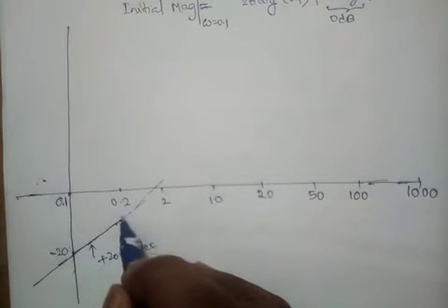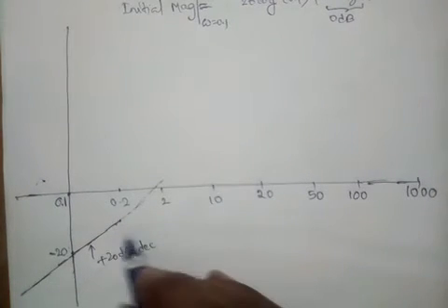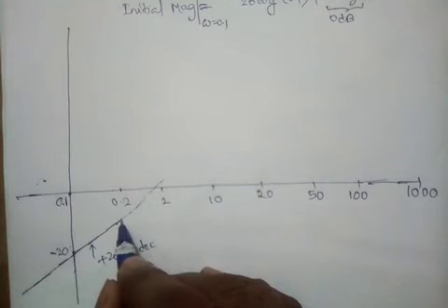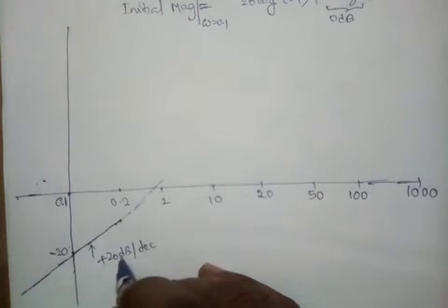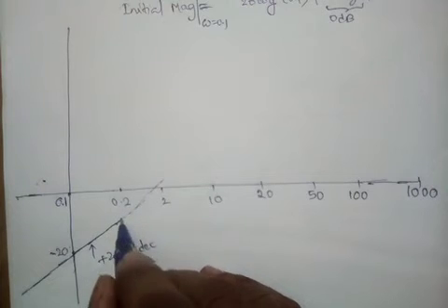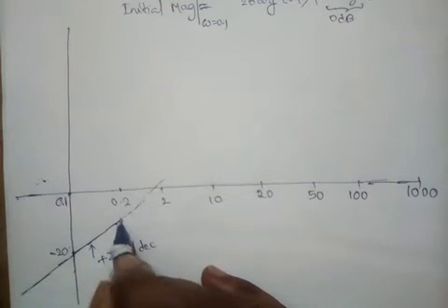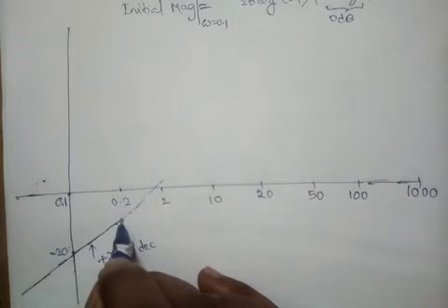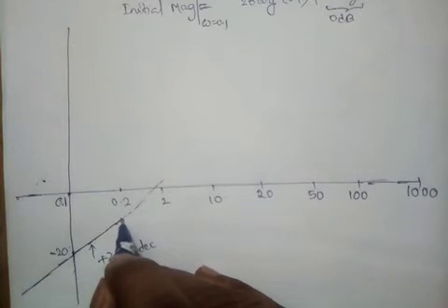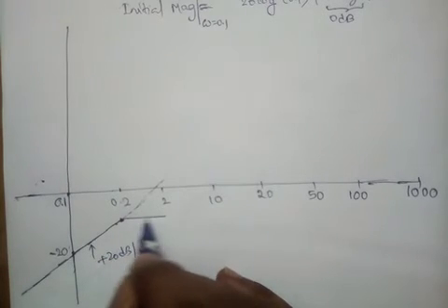Before 0.2 corner frequency, the slope is plus 20 throughout. When it reaches the first corner frequency, the initial slope plus 20 is modified, because at 0.2 we have one pole, so the resultant slope will be plus 20 minus 20. One pole is added, minus 20, so resultant slope will be 0 dB.